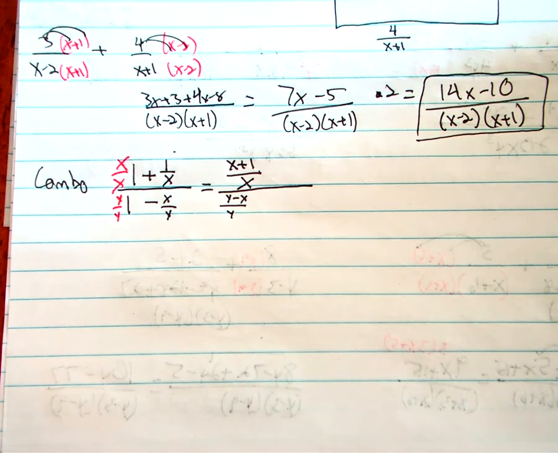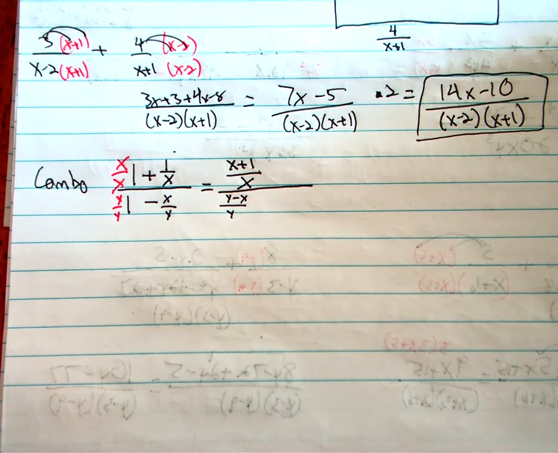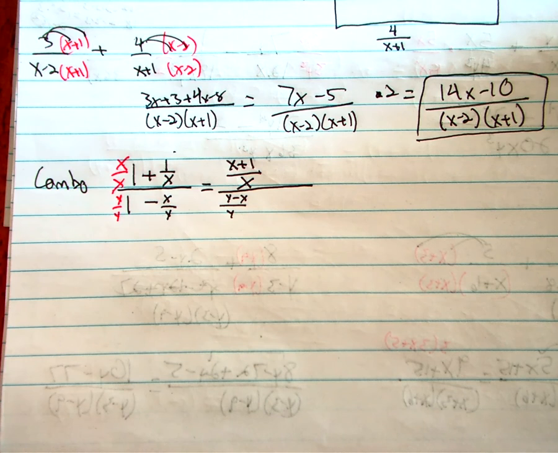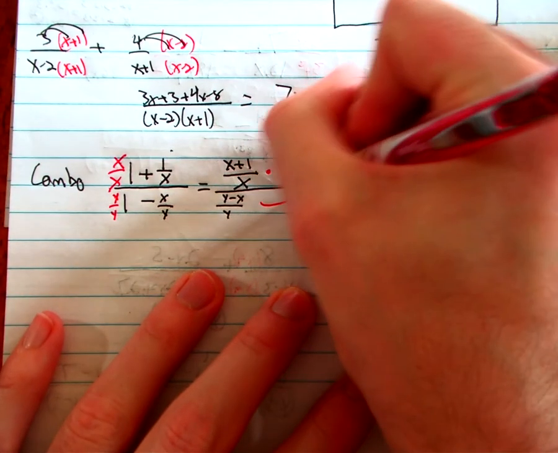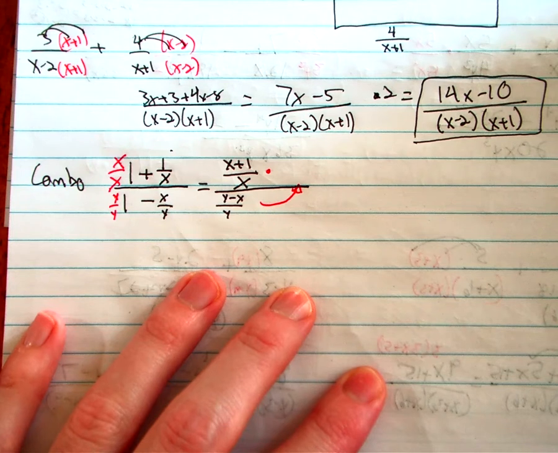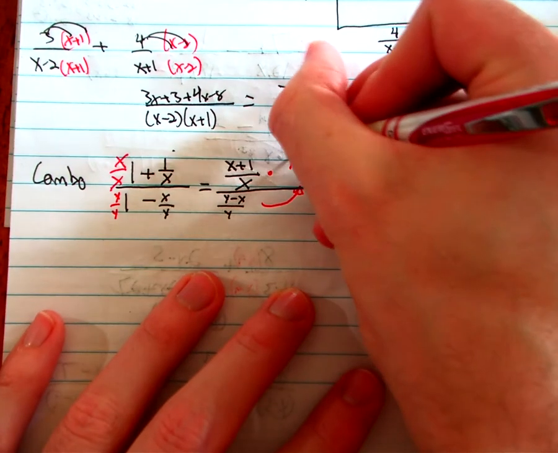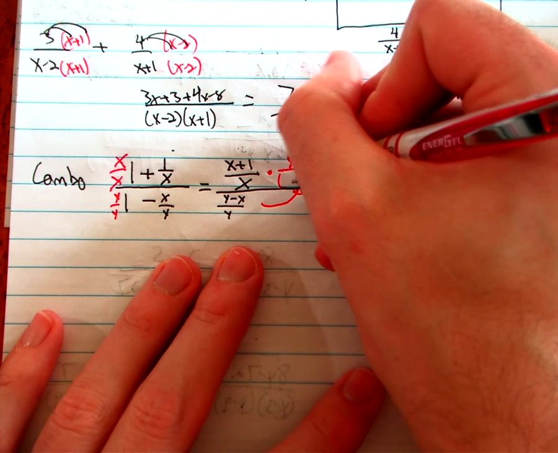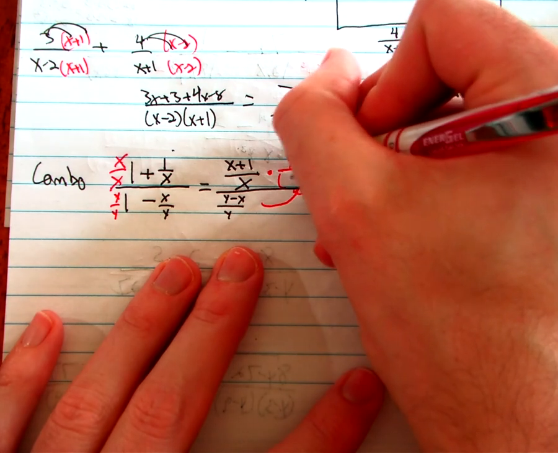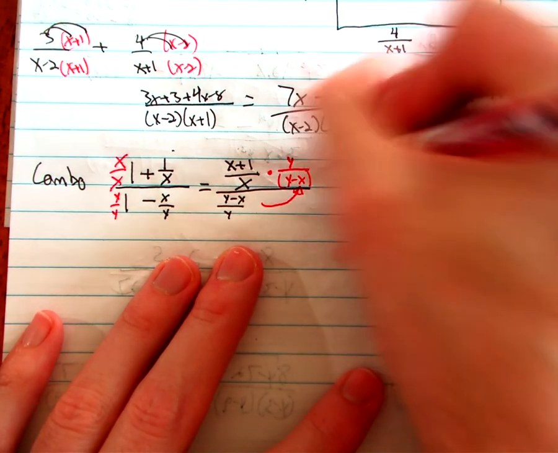Okay, think back to yesterday. What did we do? What did we do when we had fraction over fraction? Multiply by the reciprocal. So we're going to multiply by, now y flips on top, over y minus x.